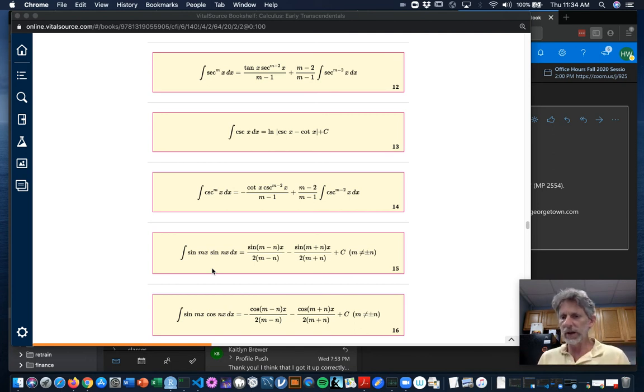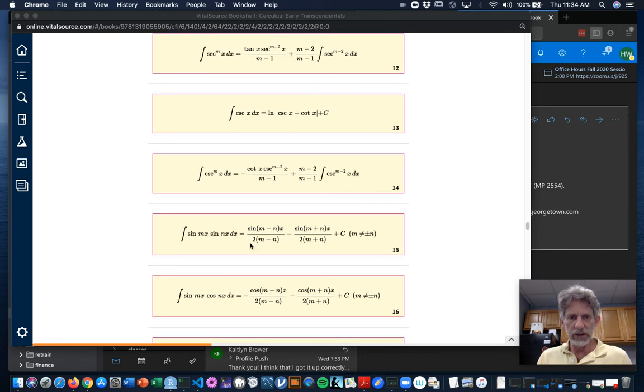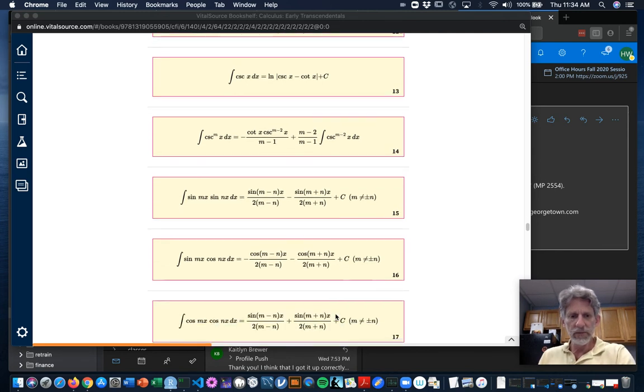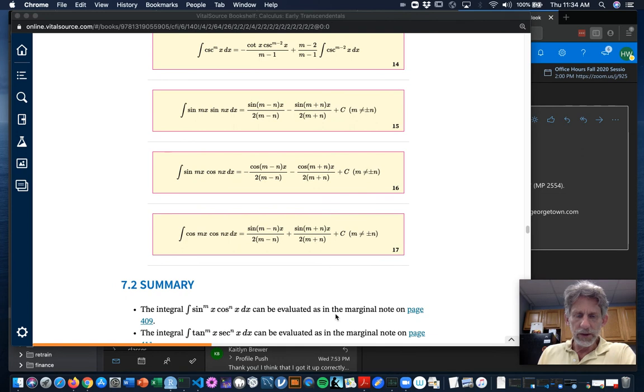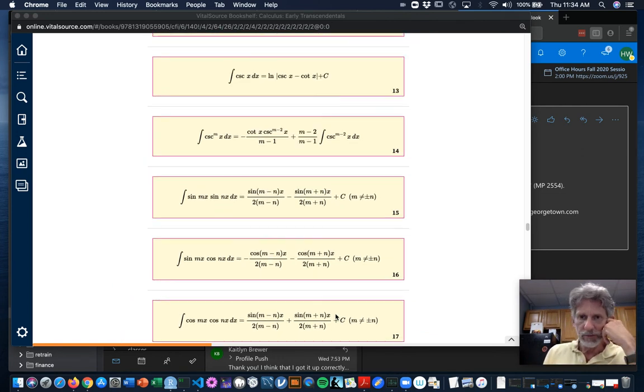This is important in some branches of mathematics that you won't be looking at immediately. But it's interesting stuff. You can look at these last two if you like. So you can use those reduction formulas.